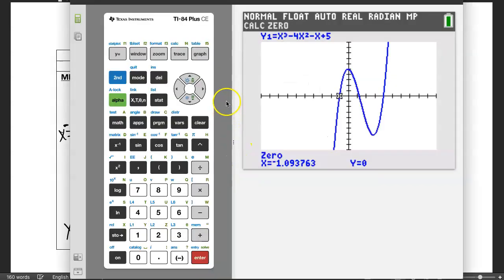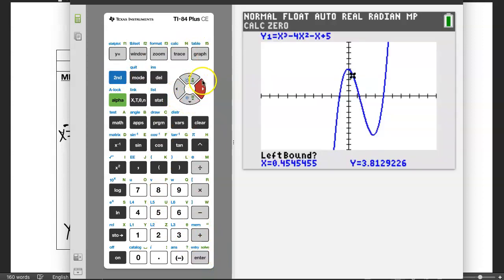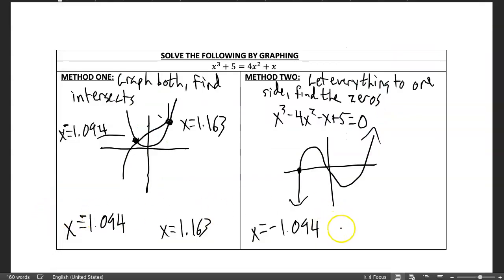Let's find the rest of the zeros. For the second one, we hit calculate, go down to zero, and put in our left and right bounds. It turns out our second one, just like we saw before, is 1.163.